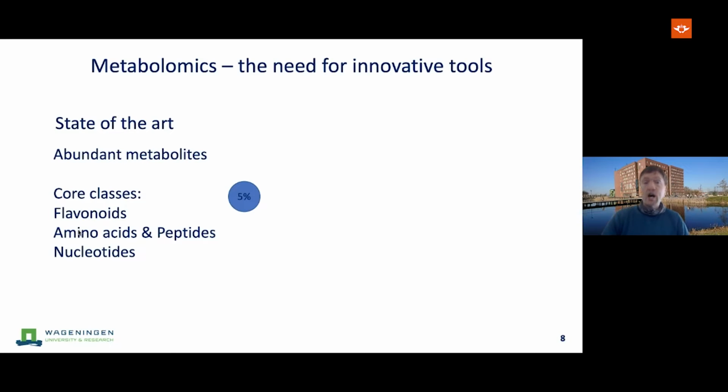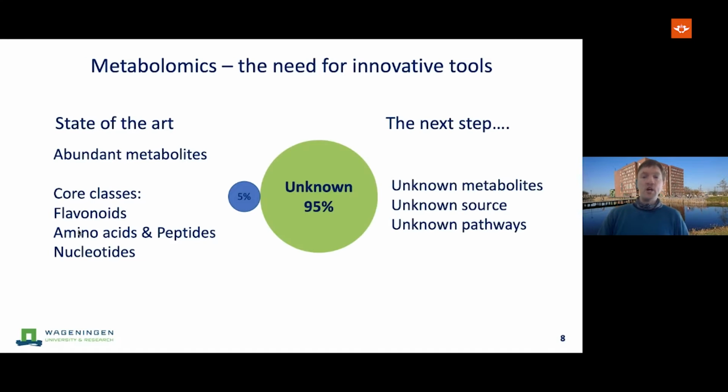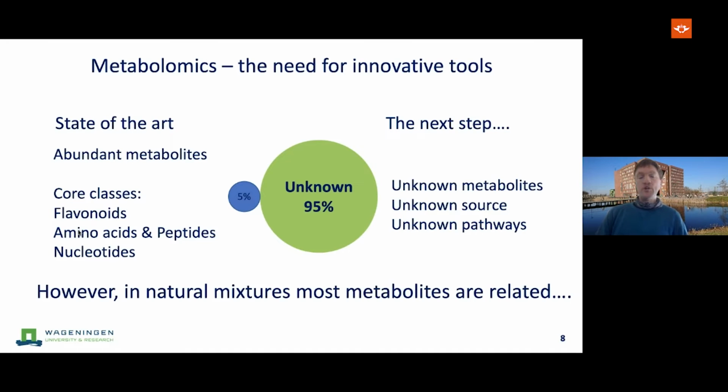So the state of the art is typically that you get up to on average 5% of the features in your data annotated. And that typically also with the most well-known compound classes. So that also means that on average 95% are still unknown. Unknown source, are they from the plant, are they from the microbe, are they from the environment, and unknown pathways.